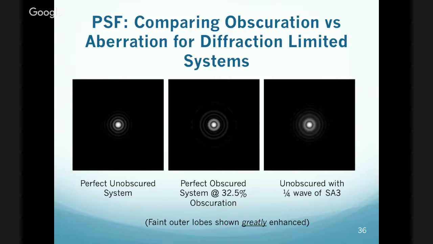And if it's an unobscured system with about a quarter wave of third-order spherical, again, you can see, and this is not balanced with focus at all, this is just a quarter wave of pure Seidel third-order spherical aberration, the outer rings are enhanced, and that's what causes those lower spatial frequencies to get blurred out when you do the convolution.